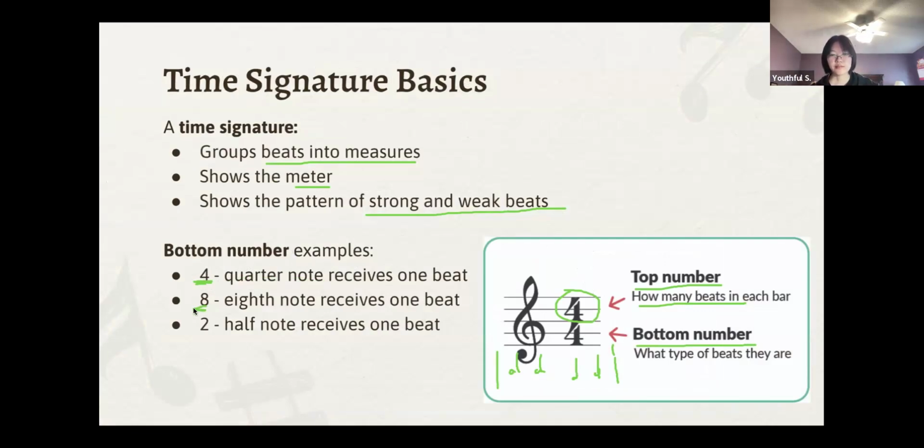And then 8, this is a bit faster, and that means an eighth note receives 1 beat. So, for example, if you had 4/8 time, then you would need 4 eighth notes to make up a measure.